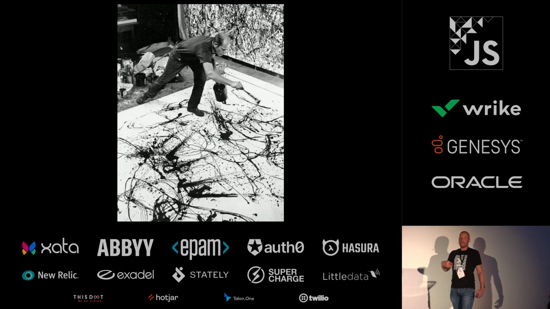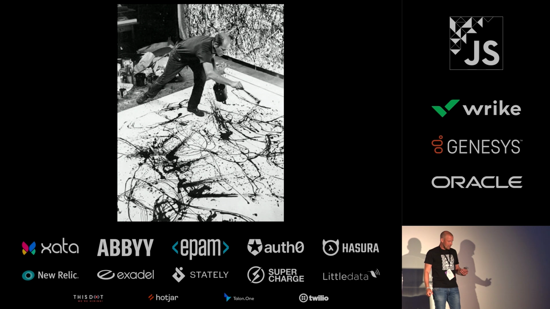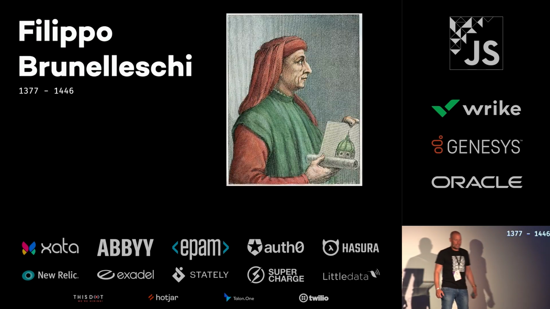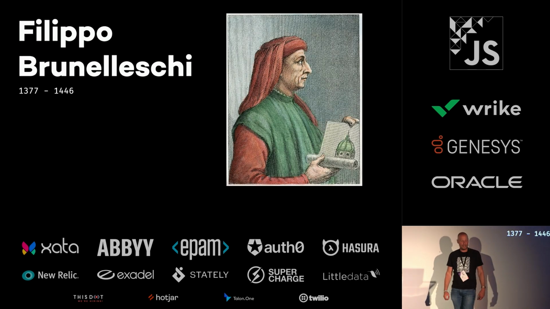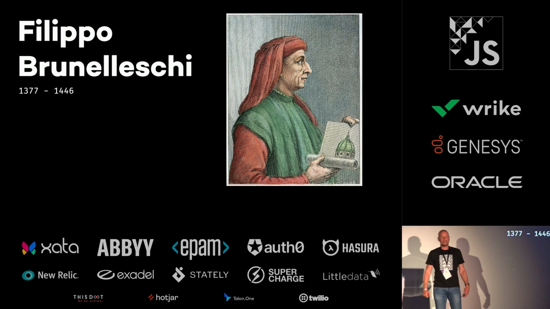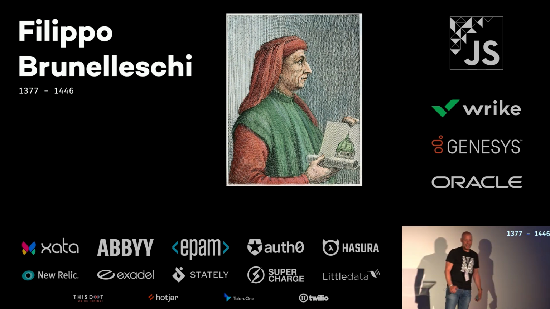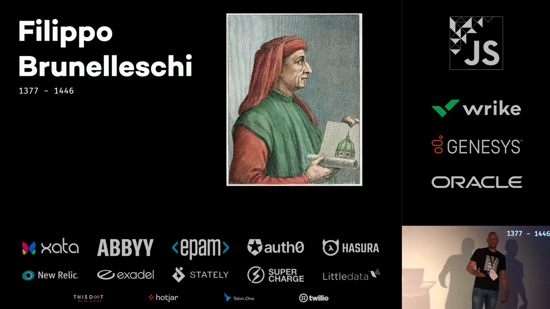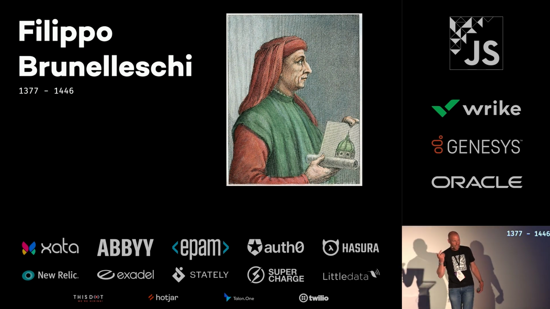Second one, we travel back in time a little bit, is Filippo Brunelleschi. He lived from 1377 to 1446, and he is mostly known for building the dome in Florence. If you've ever been to Florence, he is the architect, and he's very proud of this. You can see he's holding a picture up there.